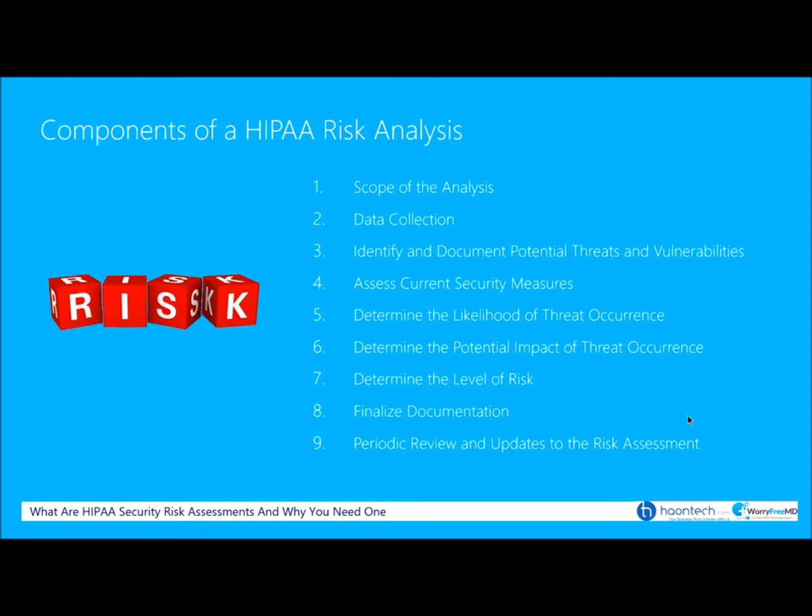But just going back to this, number 5, it says determine the likelihood of threat occurrence. And then again, you're going to document that, and there's a way to document how likely your threat is. Then you're going to determine the potential impact of threat occurrence. It's not enough just to determine the likelihood, but you also want to be prepared.